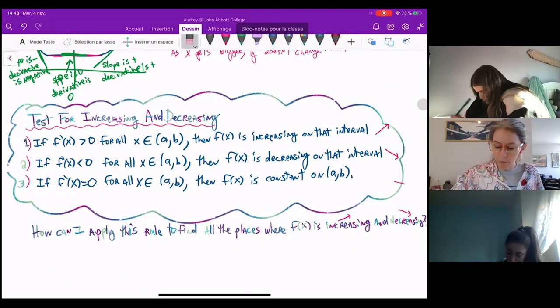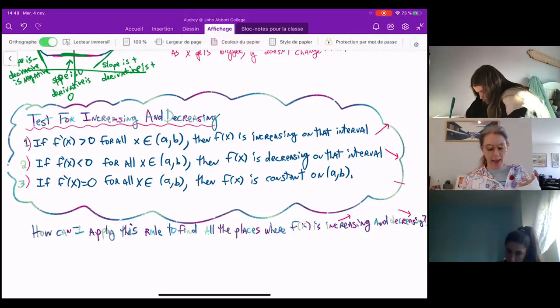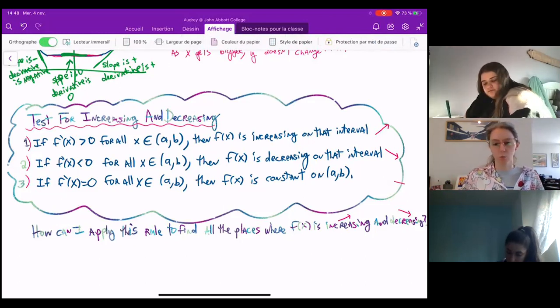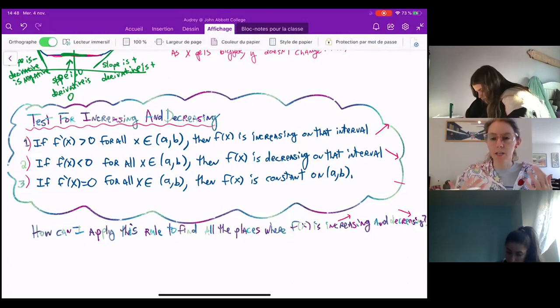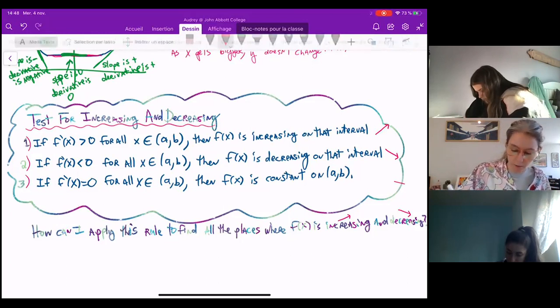So let's go back and look at the graph that we have. Our goal to answer this question, how can I apply this rule to find all the places where f of x is increasing and decreasing, is going to be to try to find all possible places where it might change from one to the other.